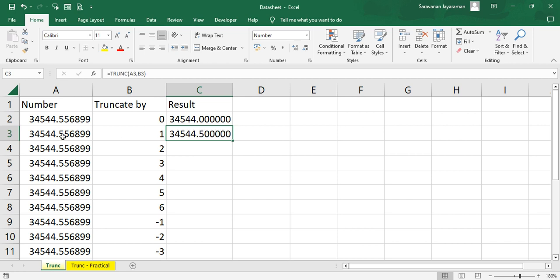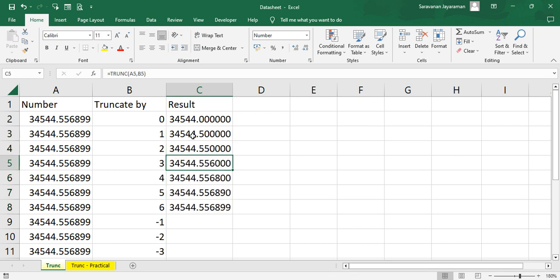It will truncate by the first decimal, so it retains this one and removes everything else. Now we'll do the other ones. Now we say 6 because we have 6 decimals, so after that there is nothing, and it is almost the same number.